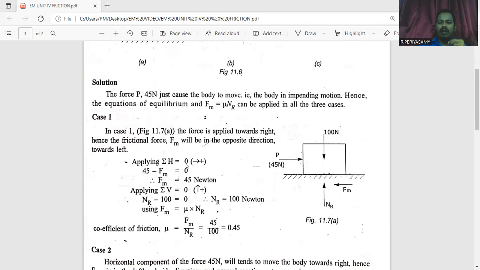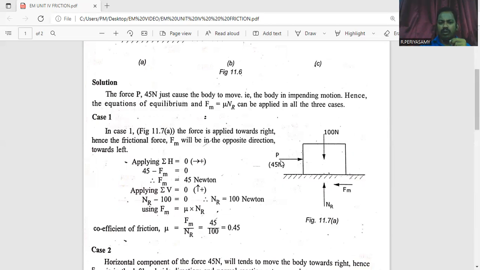The 45 Newton force acts in the rightward direction, so it is considered a positive sign, 45. The friction force acts in the leftward direction, so it is denoted with a negative sign, minus Fm.